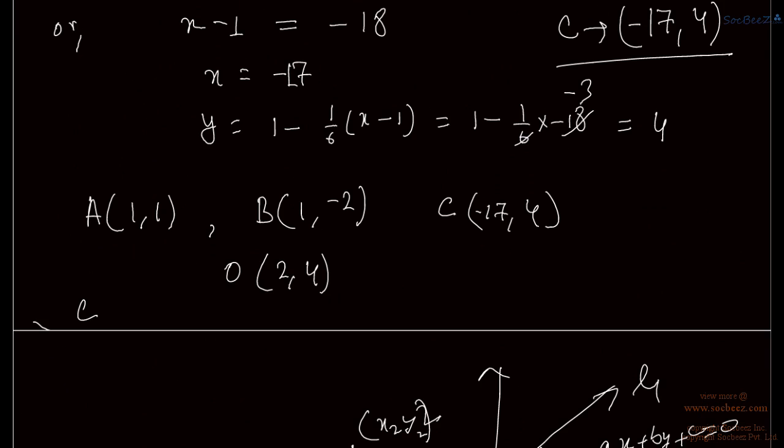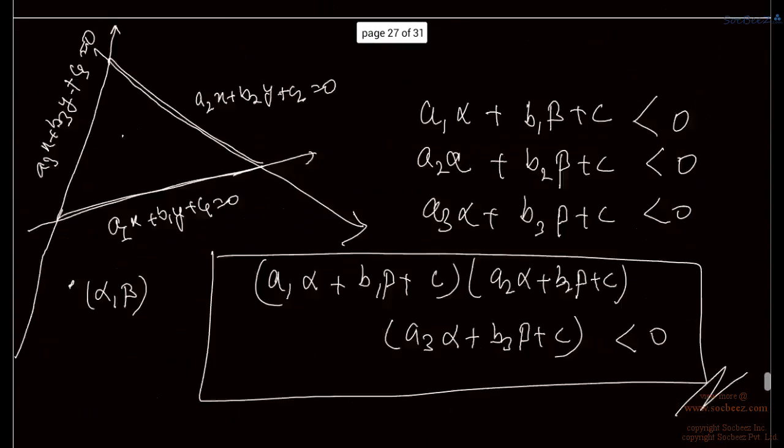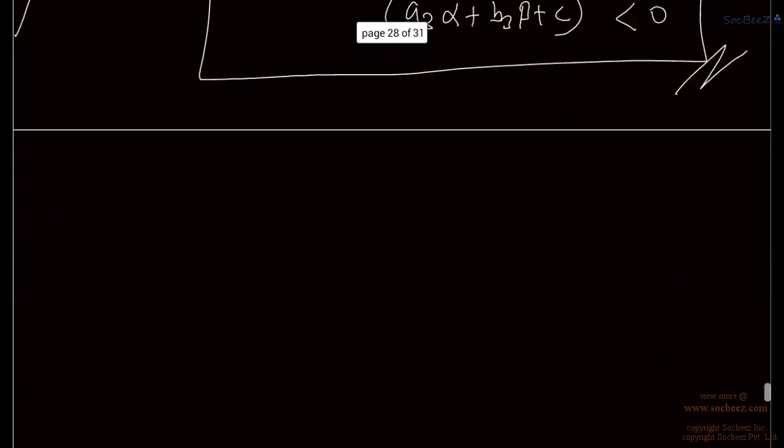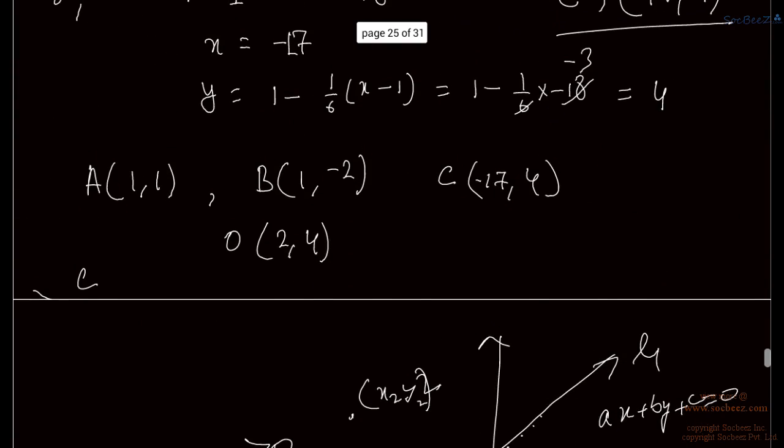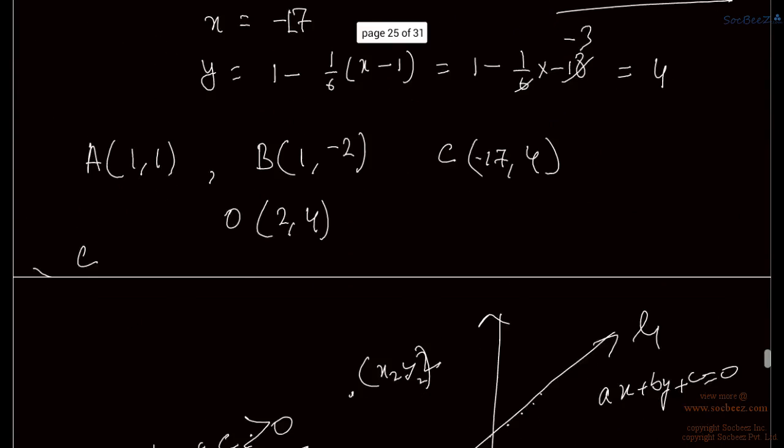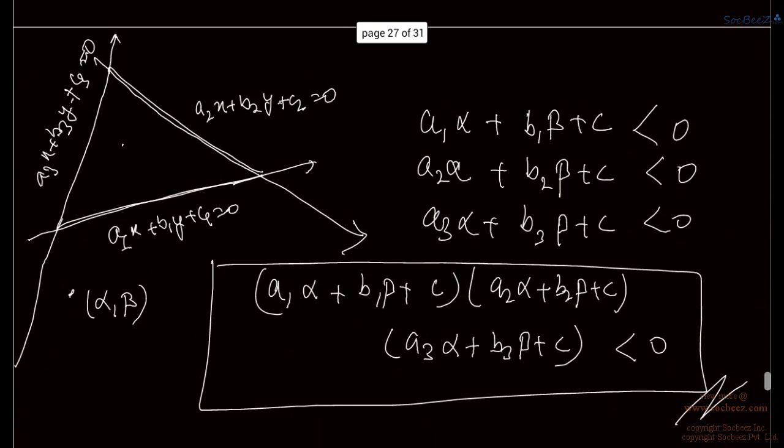So we have to find the equations of these three sides, that is AB, BC and CA. And then substitute the value of the point on each expression.